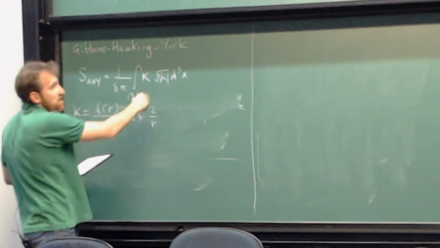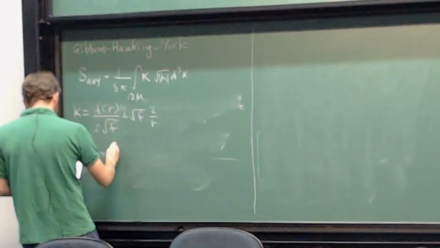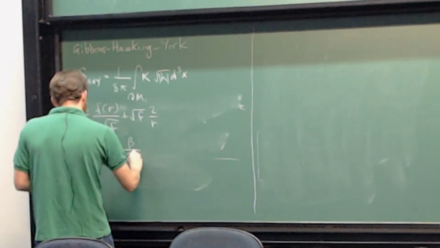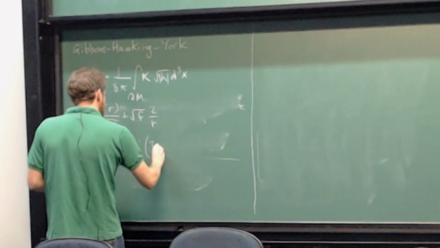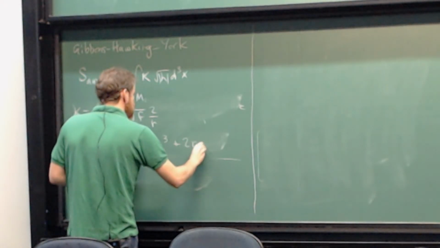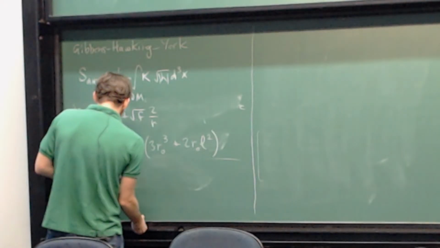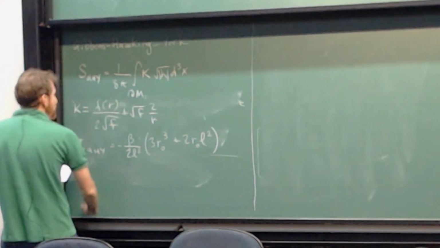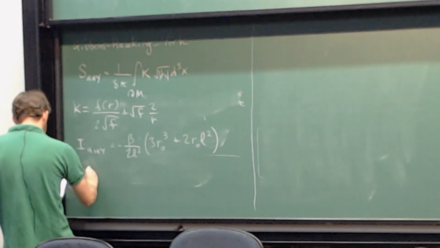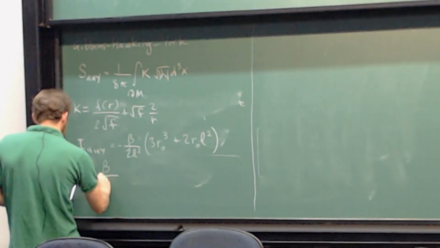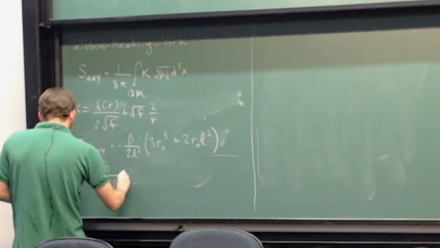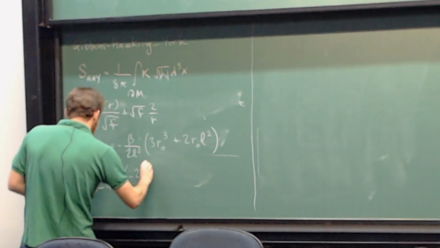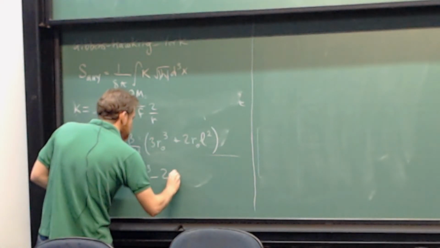And then I have the volume, R0 cubed plus 2 r0 L squared. So the final result is beta divided by 2 L squared minus 2 r0 cubed minus 2 r0 L.